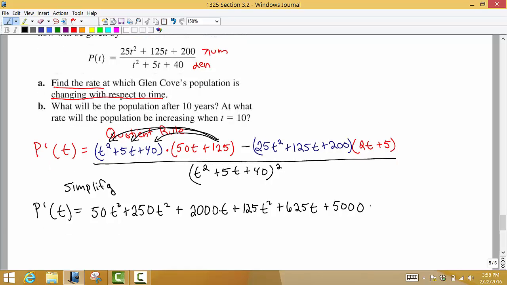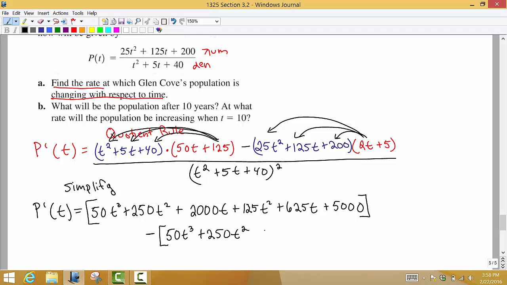And then we're going to subtract from this, so I'm just going to put minus. So here's what we get for that first part of multiplying out. Minus, and let's do the same thing with the second group. So we're going to multiply this trinomial times this binomial. So I would get 50t cubed plus 250t squared plus 400t.